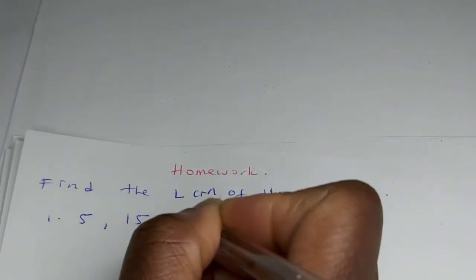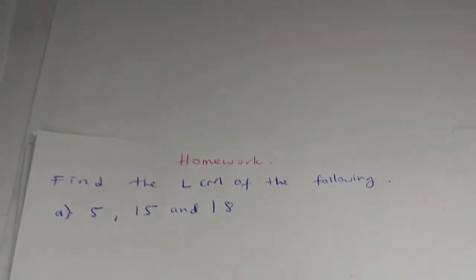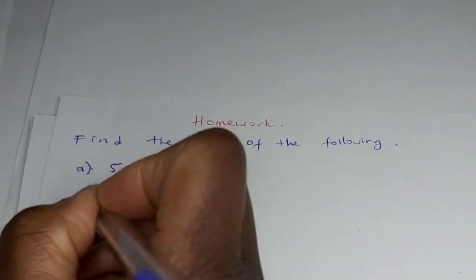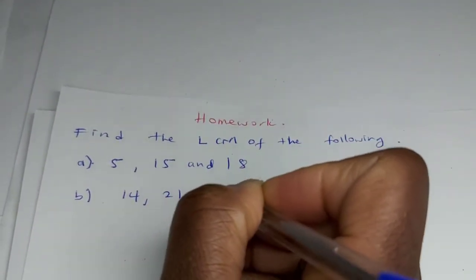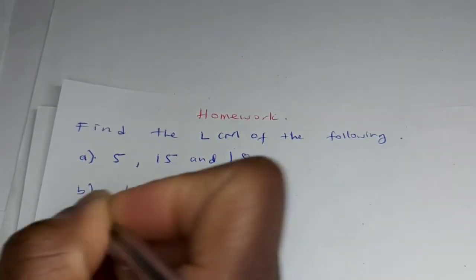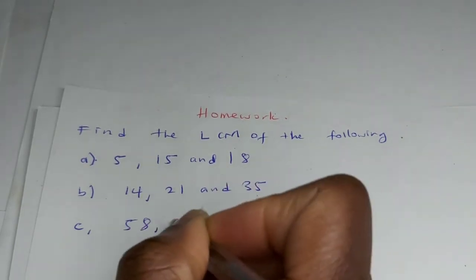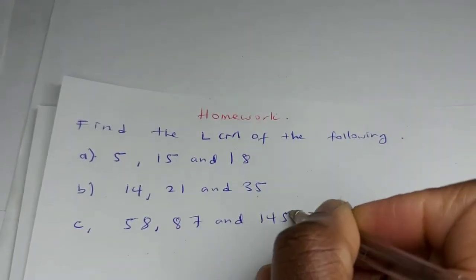The first one, 5, 15, and 18. The second one, 14, 21, and 35. The third one is 58, 87, and 145.